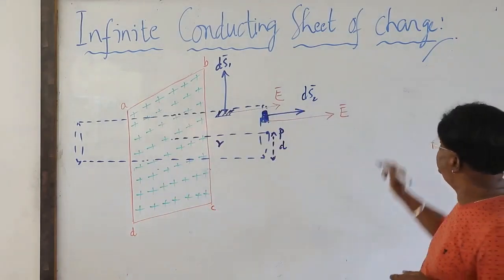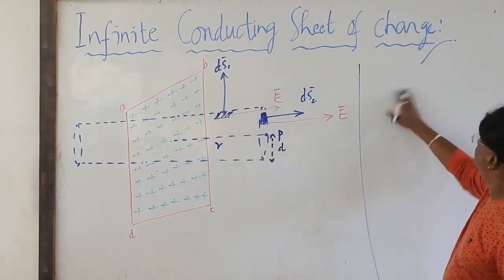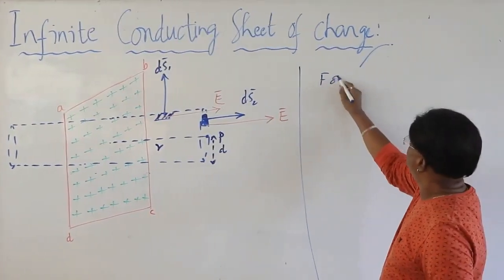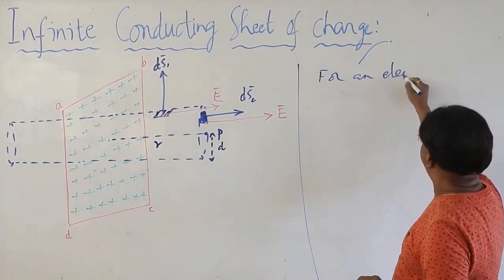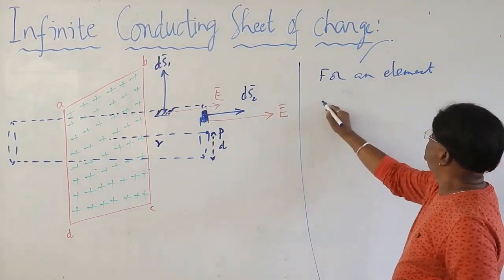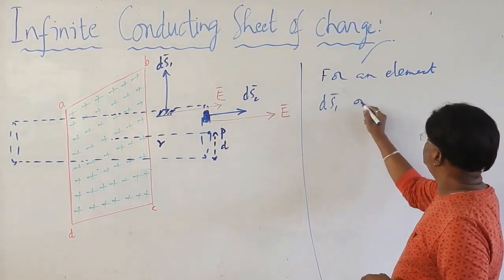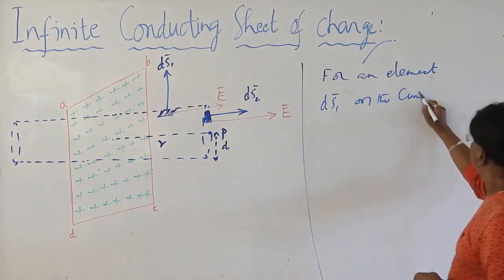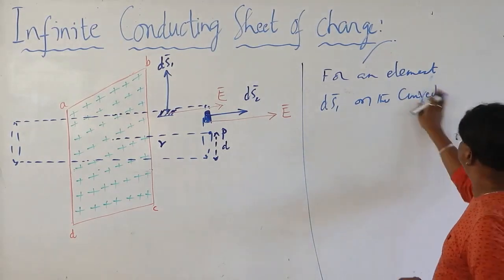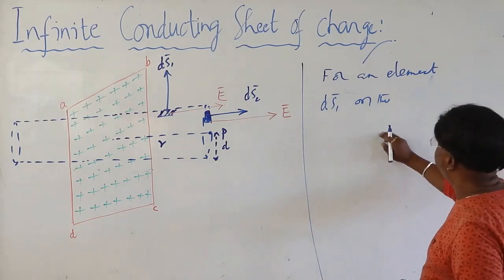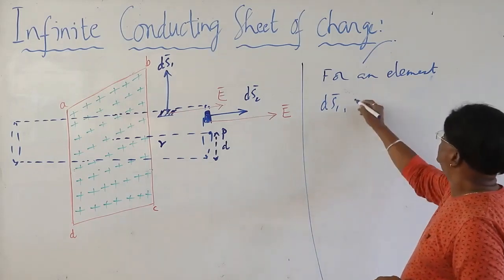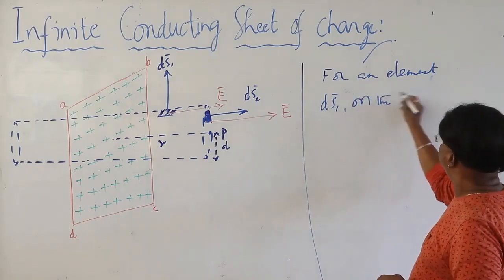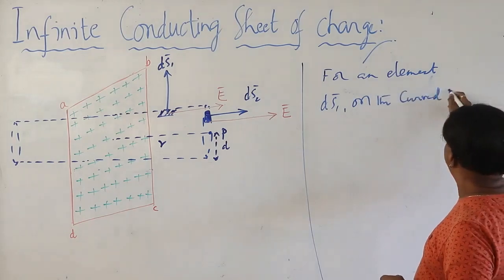So first I will write it for an element ds1 bar on the curved surface.